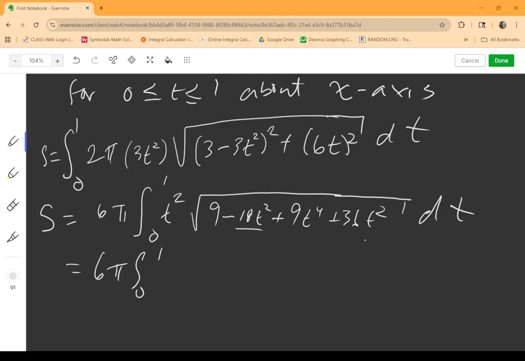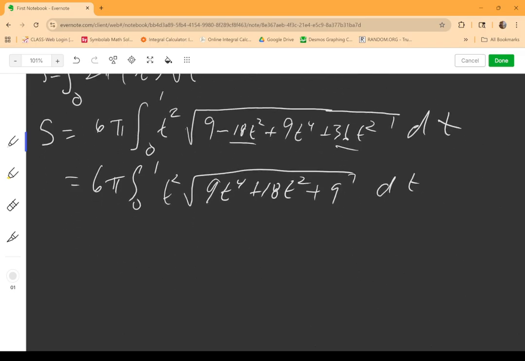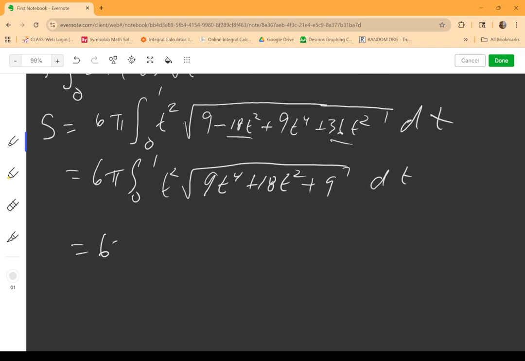We can combine like terms here, so we get t squared square root. Let me rewrite this as 9t to the 4th plus 18t squared when I combine the like terms, plus 9 dt. All right, I can factor.